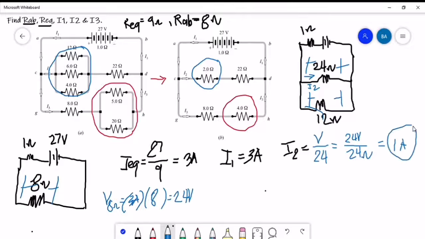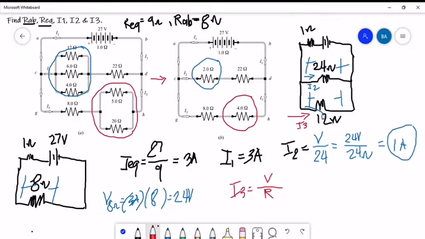1 ampere. So next is to solve for our I sub 3. What will be the current that flows here? This is our I sub 3. To solve for it, of course we use Ohm's law, voltage and resistance.